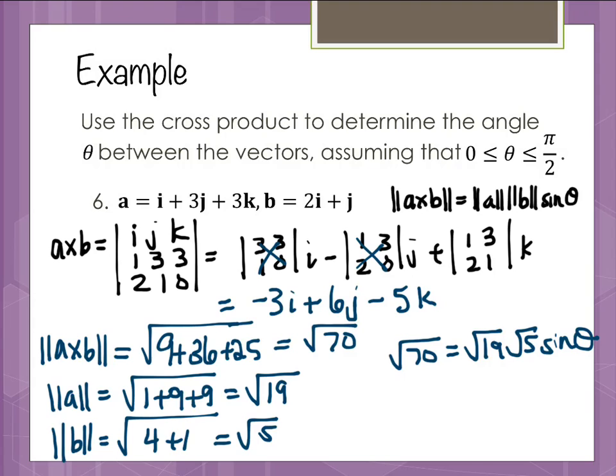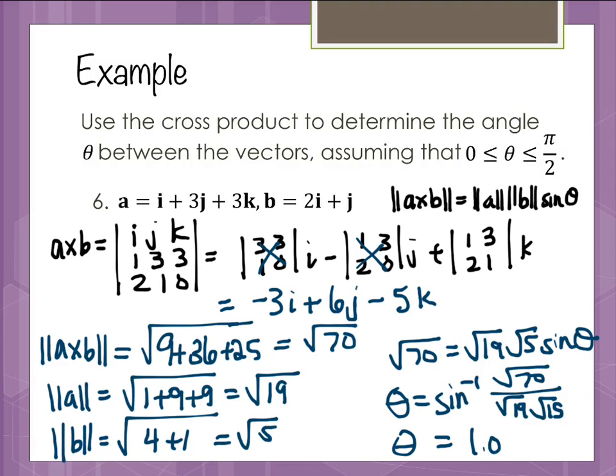And if I divide both sides by the square root of 19 square root of 5, and then use the inverse sine, I would end up finding that theta equals sine inverse of square root 70 over square root 19 square root 5. And if you evaluate that with your calculator, you find that theta equals 1.03 for that one.